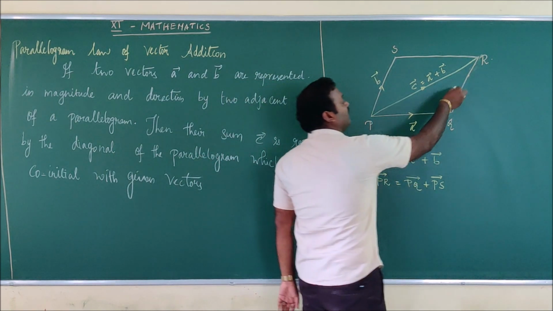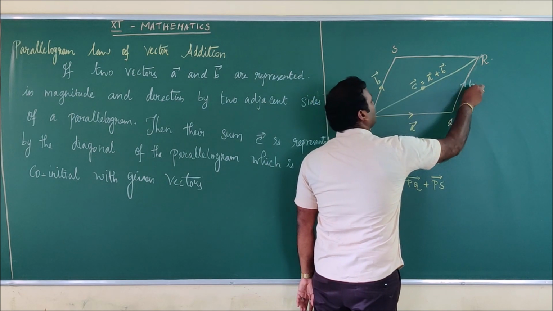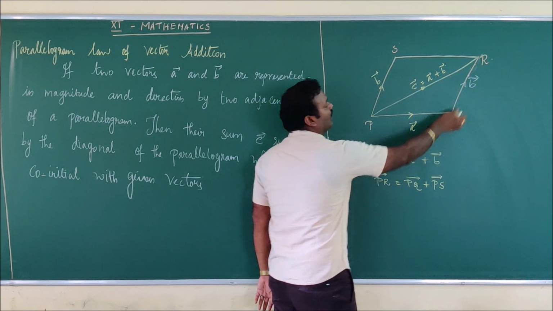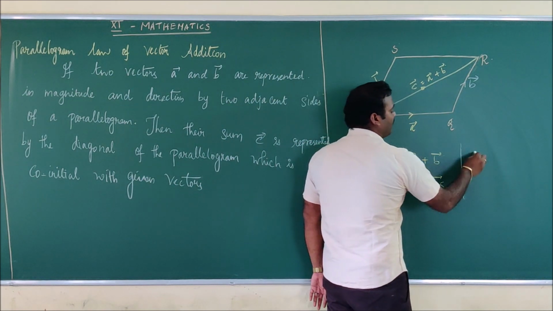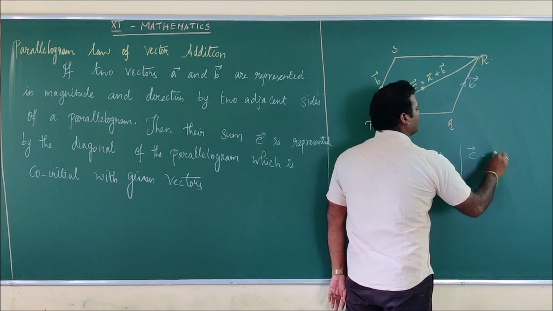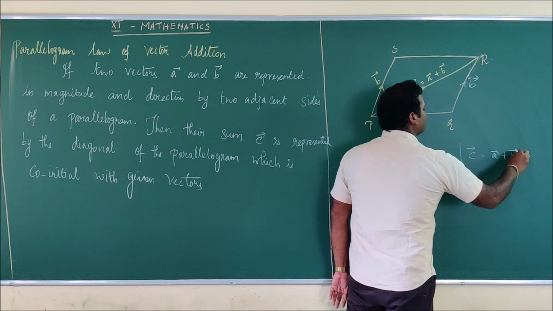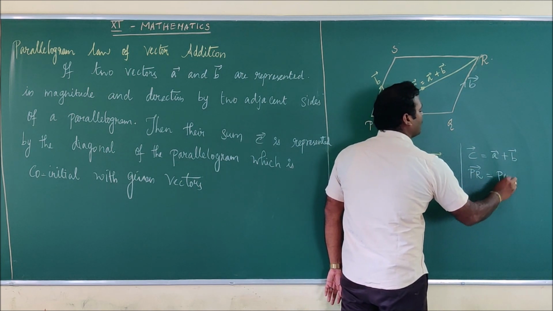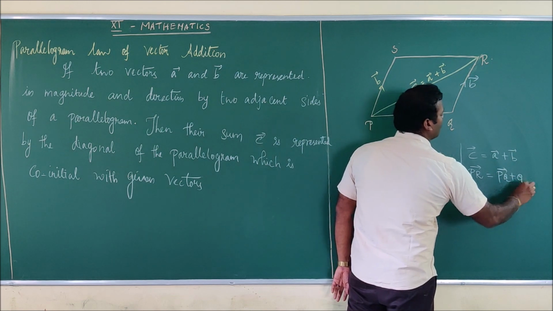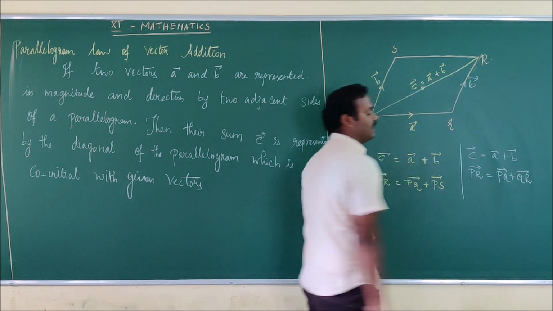Suppose you fix the adjacent sides as PQ and QR, then the first result remains the same: C vector is equal to A vector plus B vector, and PR vector is equal to PQ vector plus QR vector.